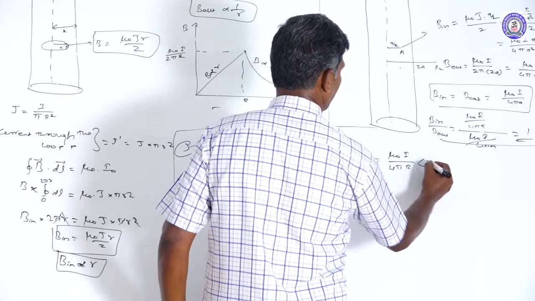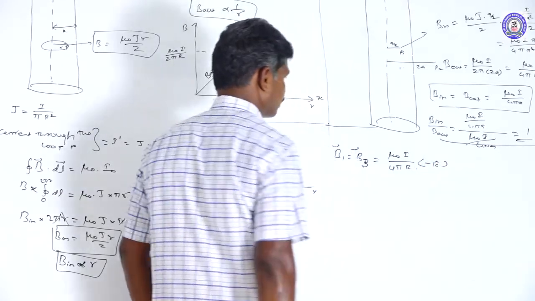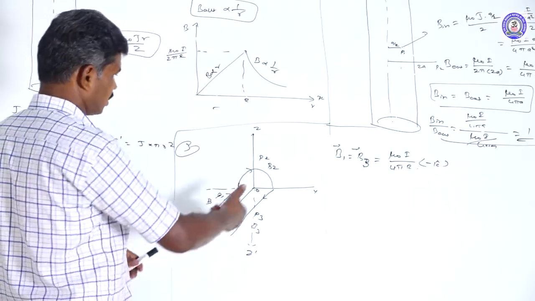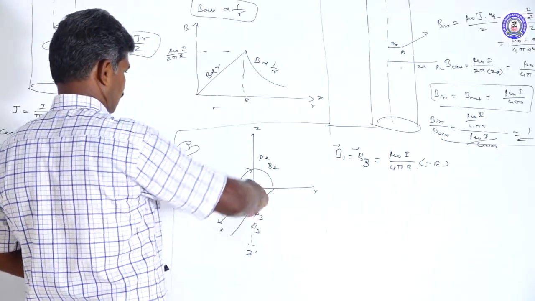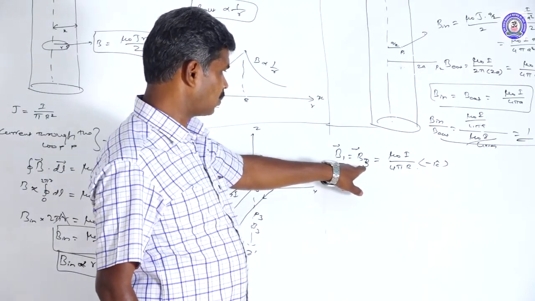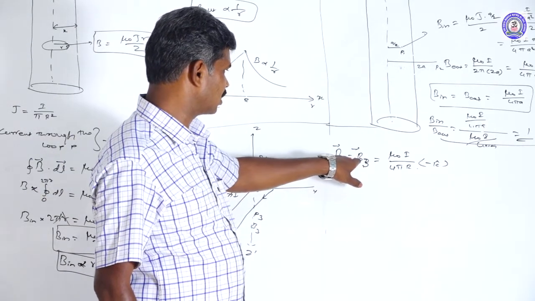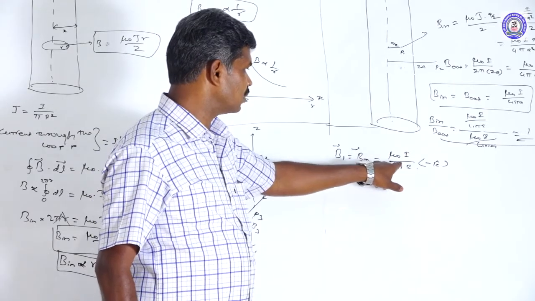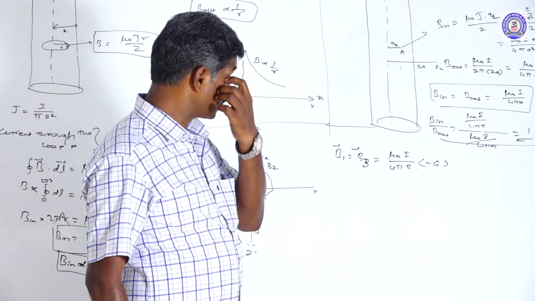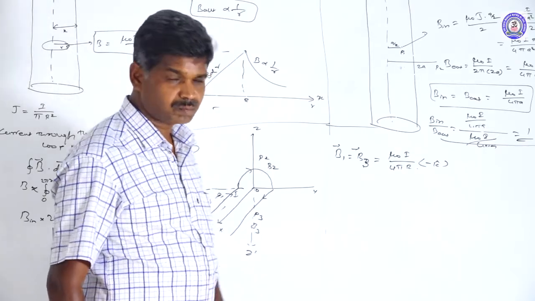If you represent it, it is the minus k cap direction, and the two are acting. First part downward direction and second part also downward direction, that is the third part. So B1 vector and B3 vector are mu naught I by 4 pi r of minus k cap.